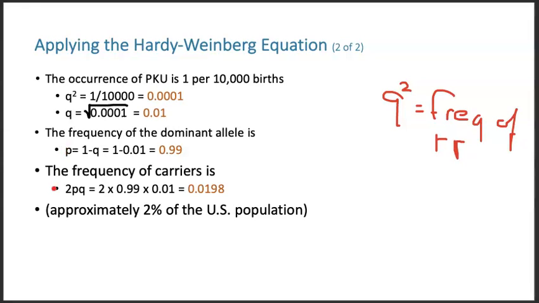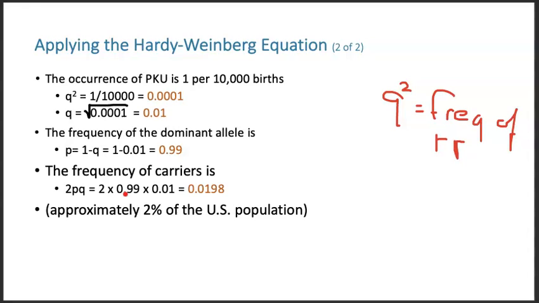We can calculate p squared if we want, but since we're interested in whether or not this trait can be passed on, let's do 2pq. Only heterozygotes can have babies that are having the PKU disorder. So 2 times p times q. Remember that p was 0.99 and q is 0.01.